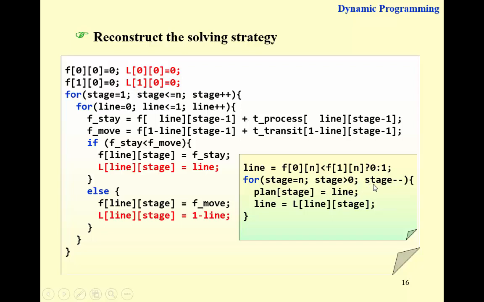And then we decrement the stage one by one. So we move from the end point to the start point. And for each stage, the optimal line number is recorded in this array. So we just save them one by one into this plan. And then print this array of plan one by one. And that's how we reconstruct the solving strategy.